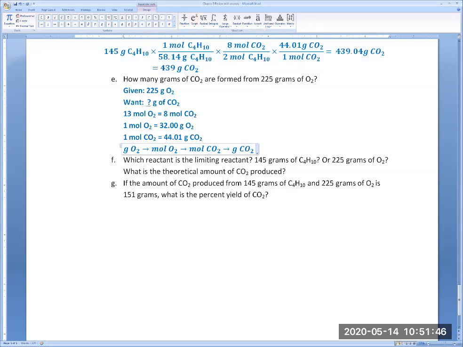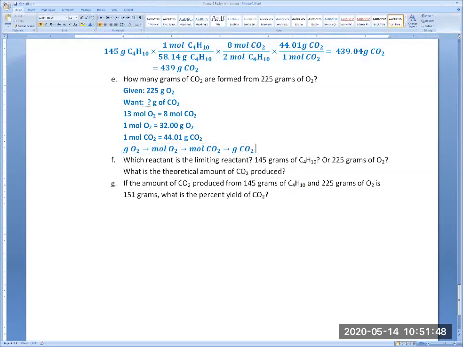Right? So that's our roadmap, right? The roadmap shows you the units you will go through. The arrows again are showing you will need the 3 conversion factors, 1 conversion factor for each arrow. An arrow symbolizes a conversion. So a conversion from grams of oxygen to moles of oxygen. And for this, you will use the molar mass of oxygen that says 1 mole of O2. And I'll put it first because we will use it first. 1 mole of O2 is 32 grams of O2.